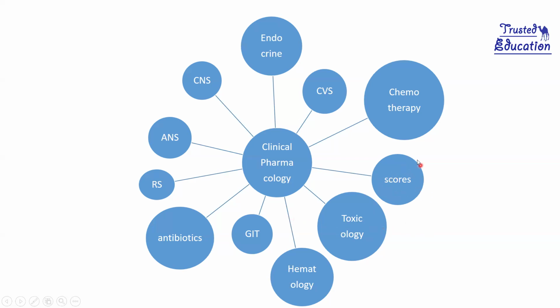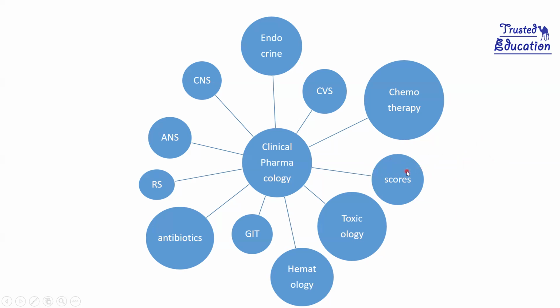Scores. Scores are very important to people who are specialized in clinical pharmacy. As we know, we have Framingham risk score, which gives us a number that can be used to predict a certain event.